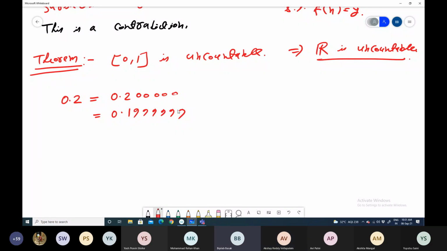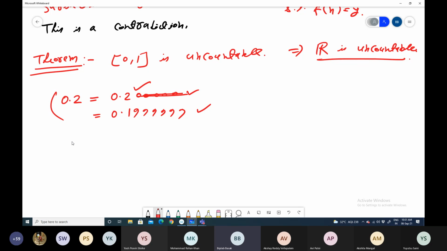Yes, sir. So these are two different kinds of decimal representation. We can say that this is a terminating decimal representation, and this is a non-terminating decimal representation. Okay.